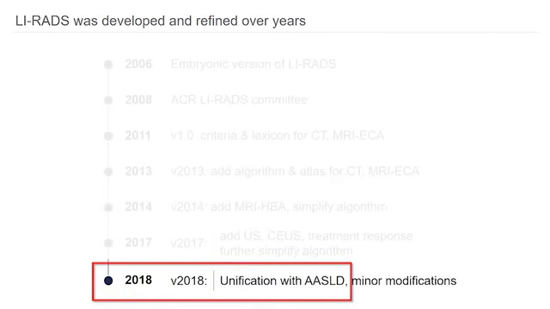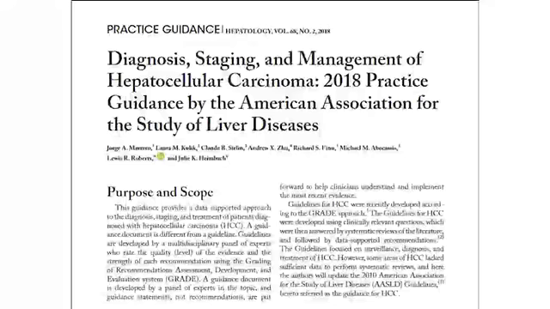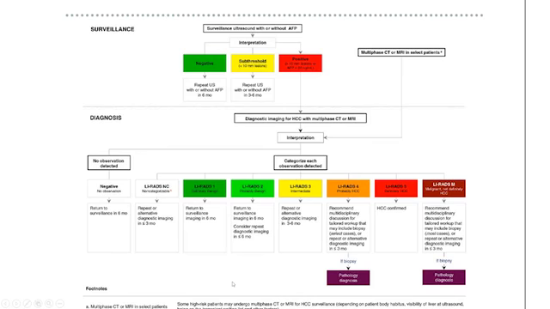And this was an important step because now LIRADS is implemented, accepted, and included in the AASLD 2018 HCC practice guidance. If you look at this seminal paper, you'll see that the approach to surveillance and diagnosis of HCC follows the algorithm proposed by LIRADS.